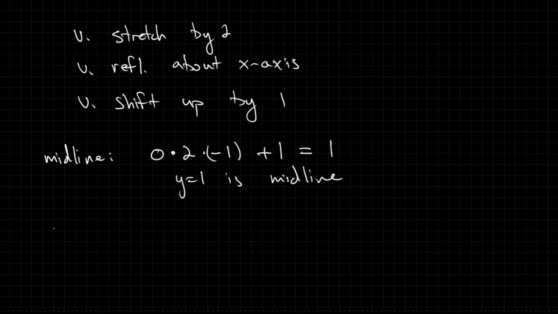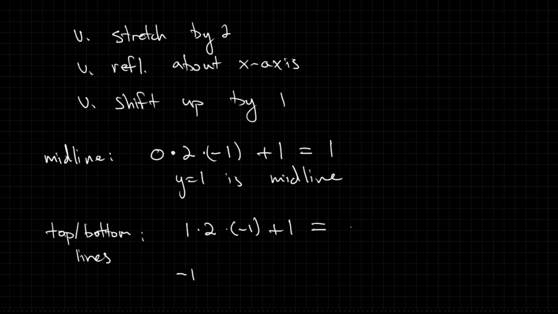Then to get the top and bottom lines, we'll take the old top and bottom lines, which were y equals 1 and negative 1, and do the same thing. We'll stretch by 2, we'll multiply by minus 1, and then we'll add 1.